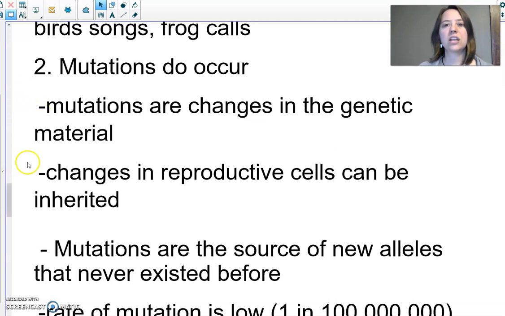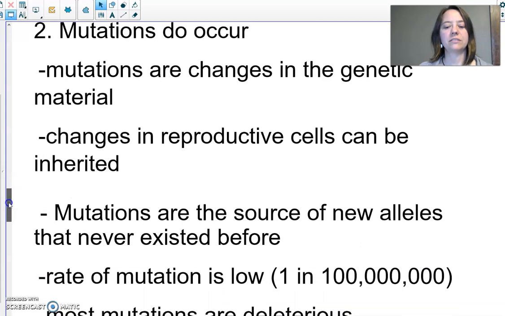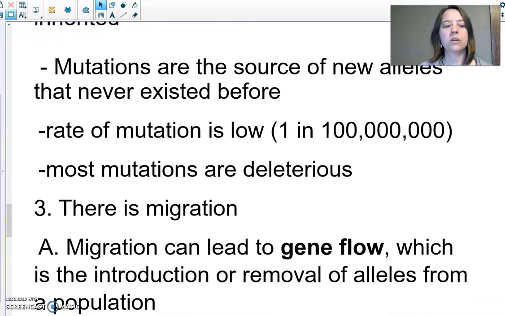There are changes in DNA, and that does happen. It's low, but it's frequent enough that it plays a big role, and mutations are the only source of new alleles that never existed before, and then natural selection will work on those, making them less common if they're bad or more common if they are helpful.